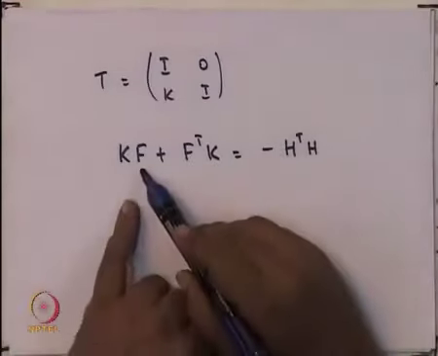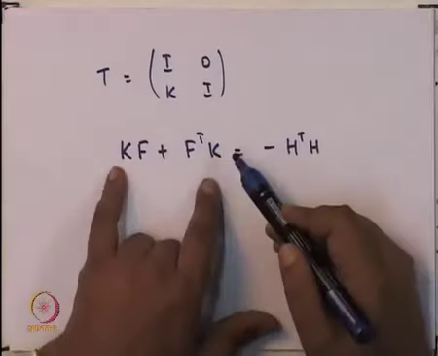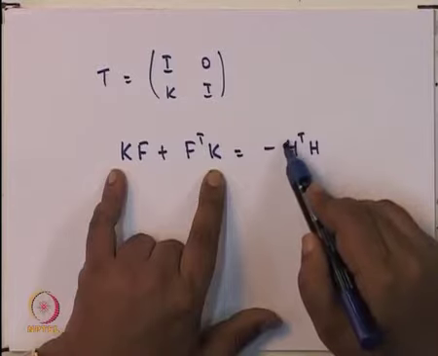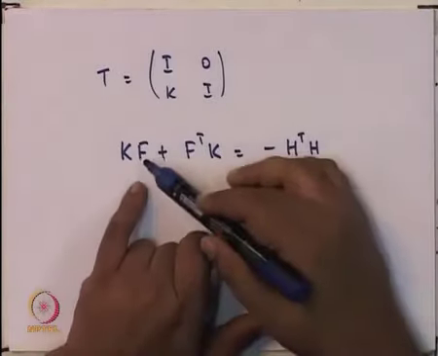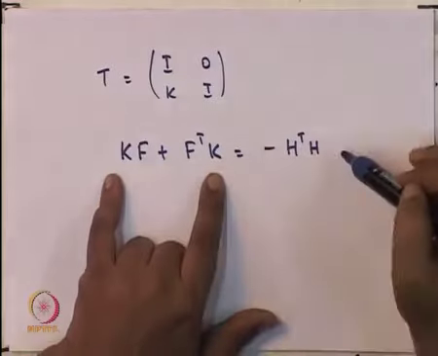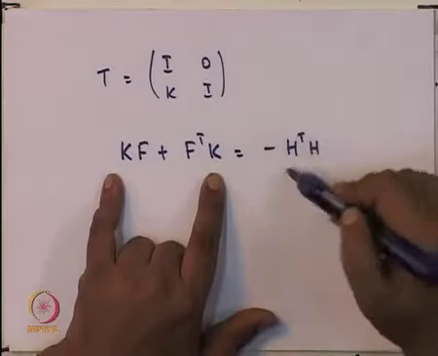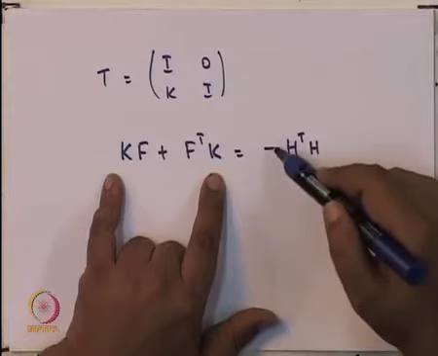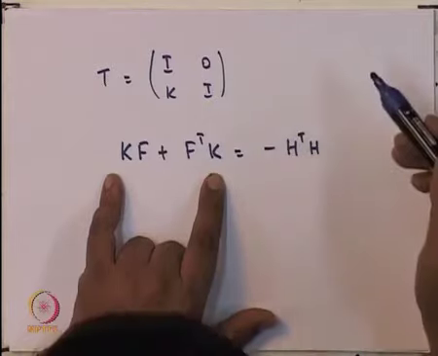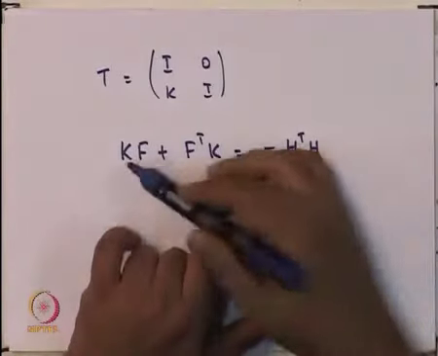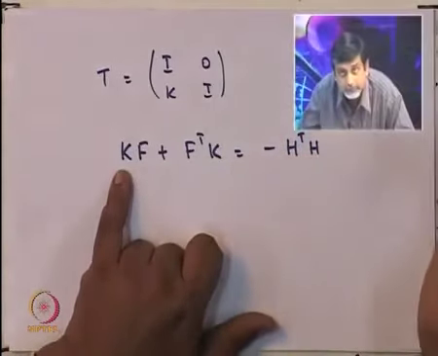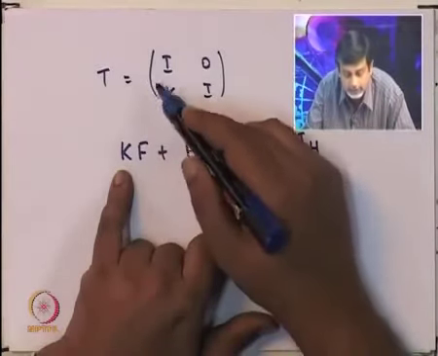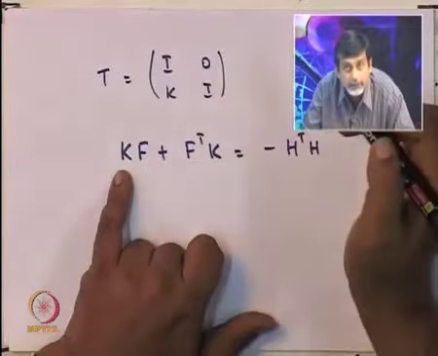Now, if F is a Hurwitz matrix, then in this Lyapunov equation, what you have on the right hand side, well, H transpose H, this is always going to be positive semi-definite. So, with a negative sign, this is going to be negative semi-definite, and therefore, you will always get a solution K for this. Okay. So, this K is the K that you use in the similarity transformation matrix.